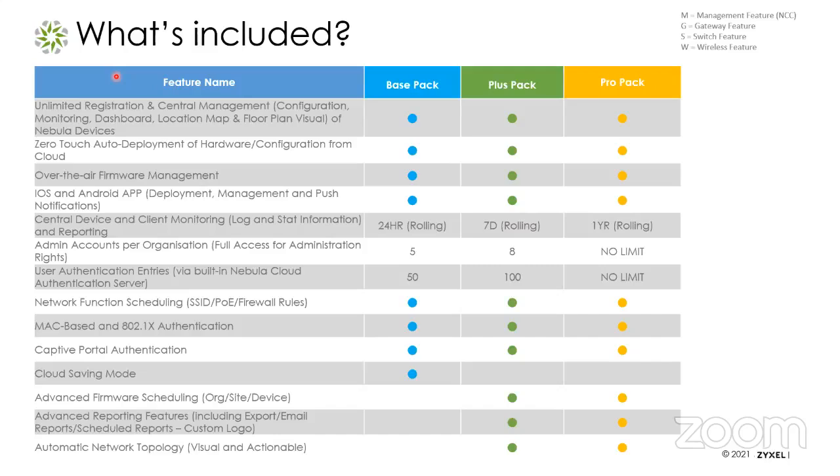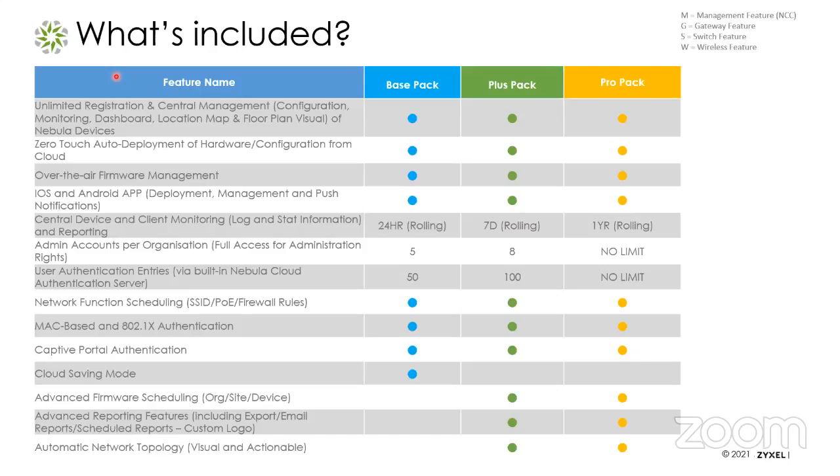So now we'll start talking about some features that are only available in Plus and Pro Pack. Advanced firmware scheduling, the ability to set up different firmware schedules based on device class, to create individual schedules for individual devices. That requires Plus or Pro Pack. Email reporting features, those require Plus or Pro Pack for all of them.